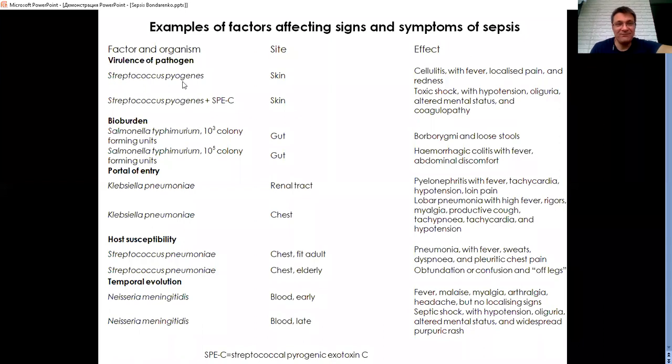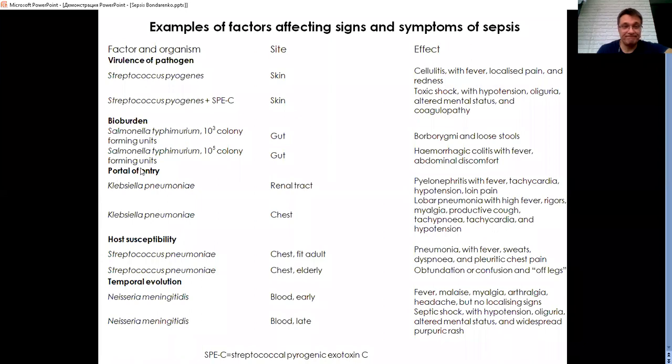For example, very potent pathogens like Streptococcus pyogenes and streptococcal pyogenic exotoxin, which is produced by this bacteria, even with an infection of the skin, may lead to septic conditions, which could conclude in the development of toxic shock, or in this case, we will rather call it septic shock.